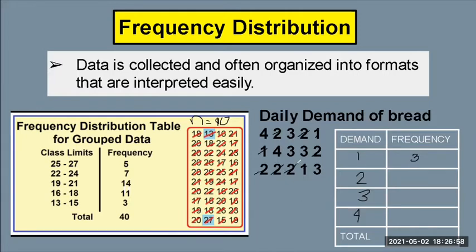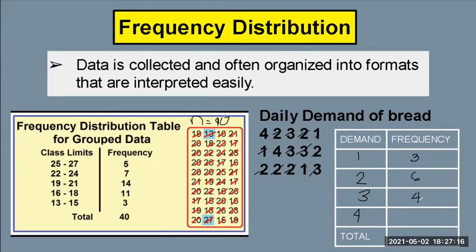So number 2 repeats 6 times. Now, let's have number 3. 1, 2, 3, 4. So number 3 repeats 4 times.